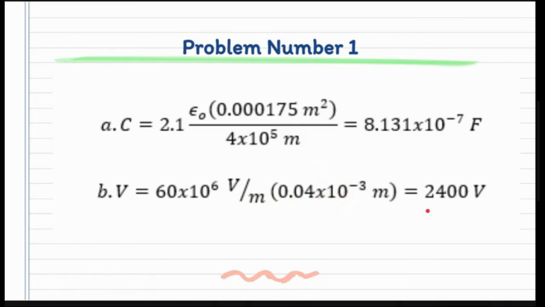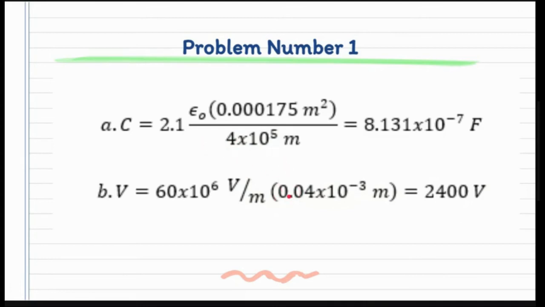That will give us 2,400 volts. If you can see, this was 4 times 10 to the negative 5, but this one is 0.04 times 10 to the negative 3. So what I did is I just moved the decimal places.